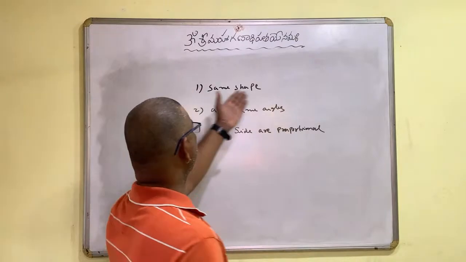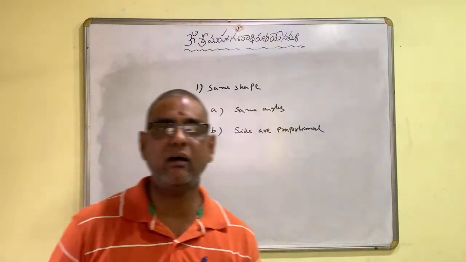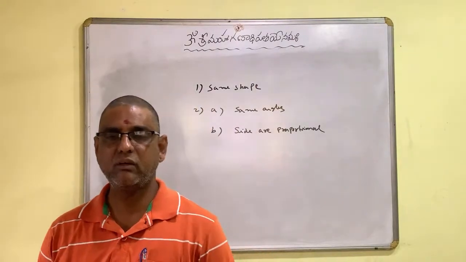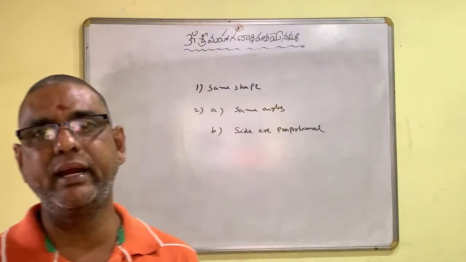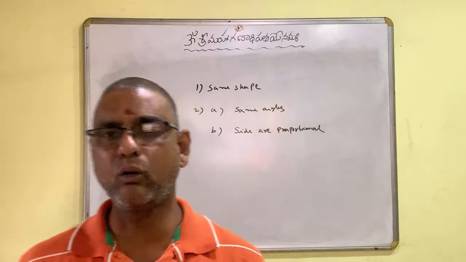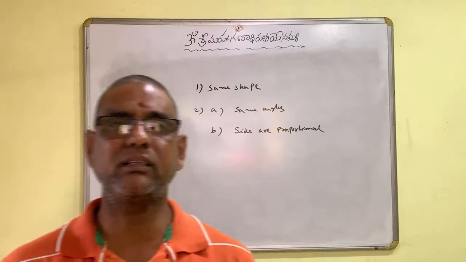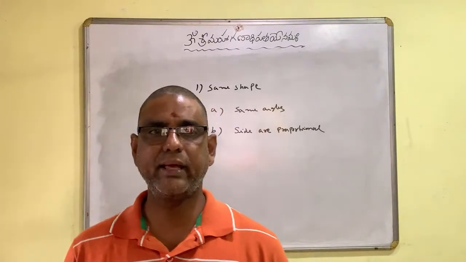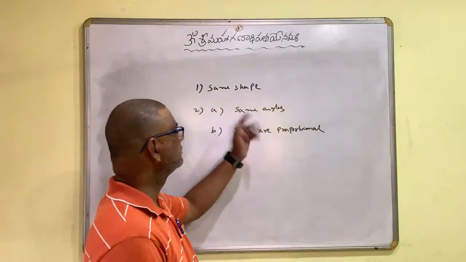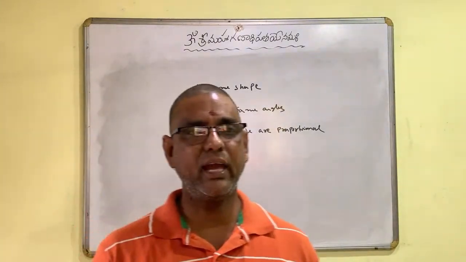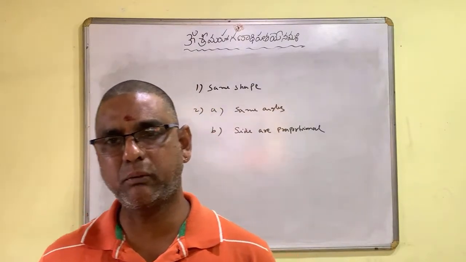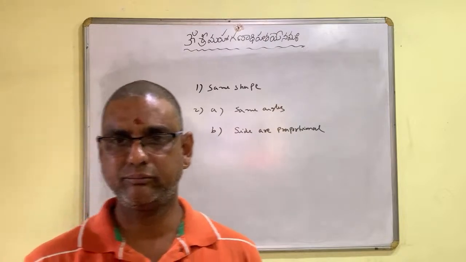They must have same shape. That means we can compare the similarity between any two triangles, not only two or more figures. Two or more figures are said to be similar if they have the same shape. Second one, same angles, means angles in one figure are respectively equal to corresponding angles in the second figure.